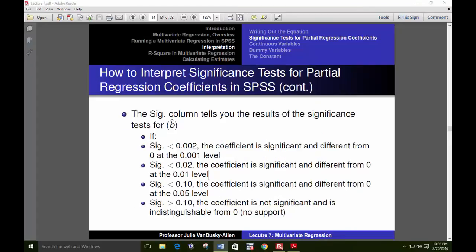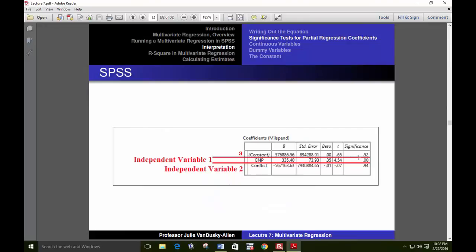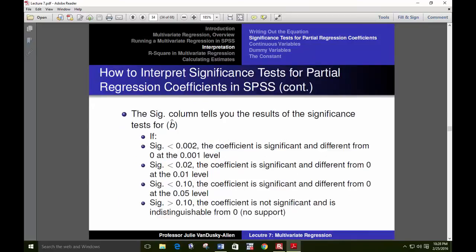Okay, so the next step is to look at the results of the significance test for B hat in SPSS. This last column here, sig, tells you the sig value for each B hat. If the sig value is less than 0.002, then the coefficient is significant and different from 0 at the 0.001 level.